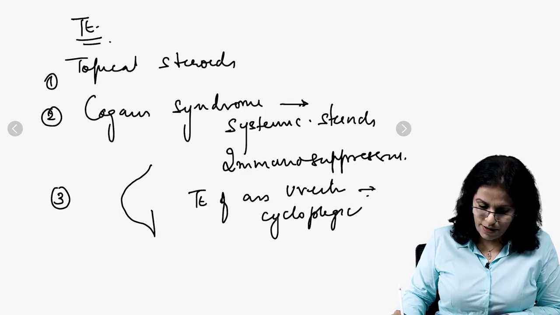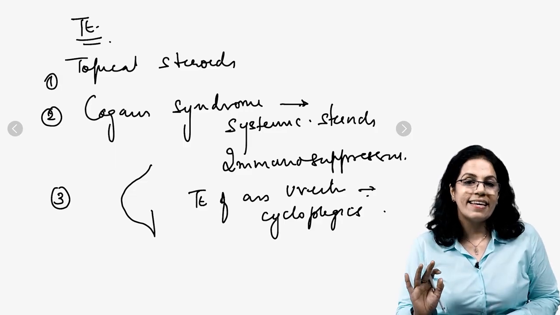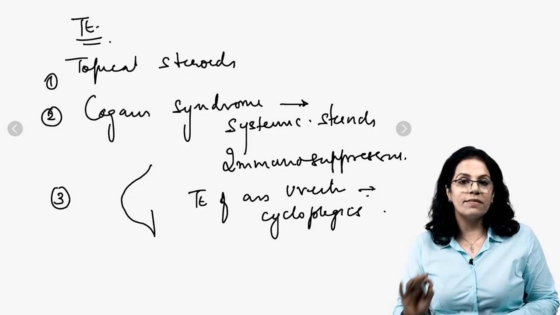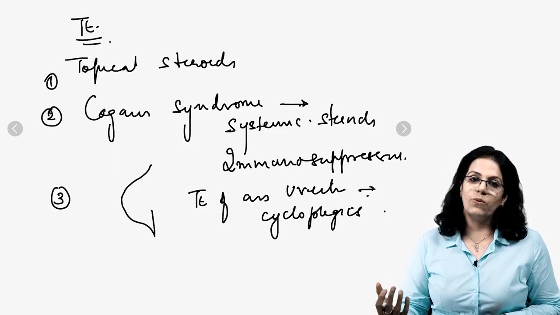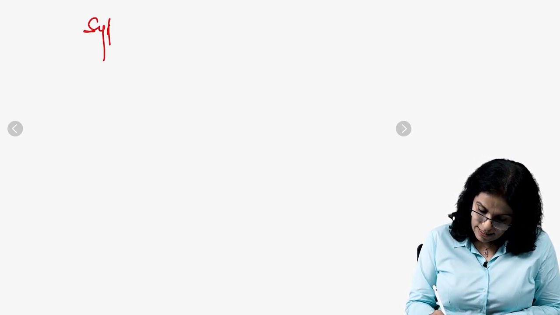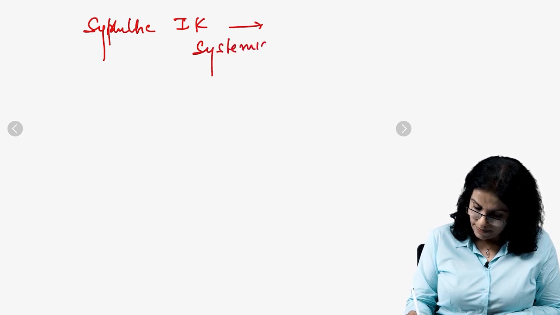Now, one interesting piece of information: in syphilitic infection, please remember systemic, that means penicillin injections, have no role. Okay. So, let's keep this in mind that in syphilitic interstitial keratitis, systemic penicillin has no role.